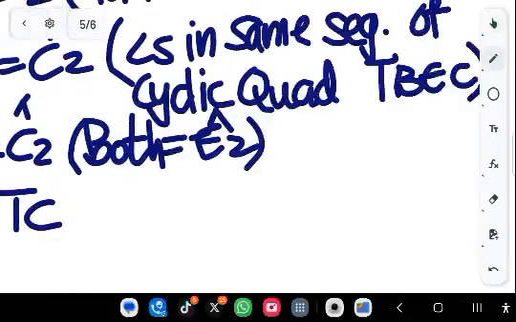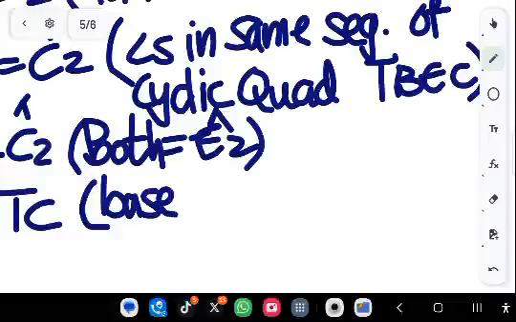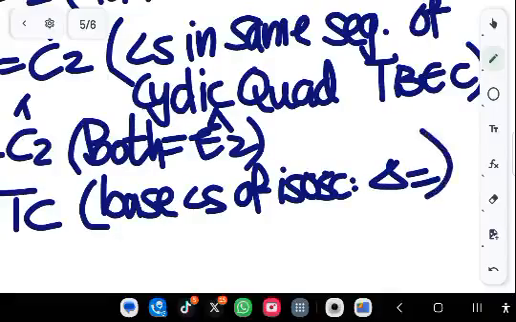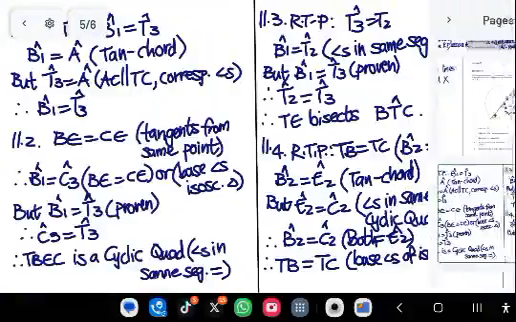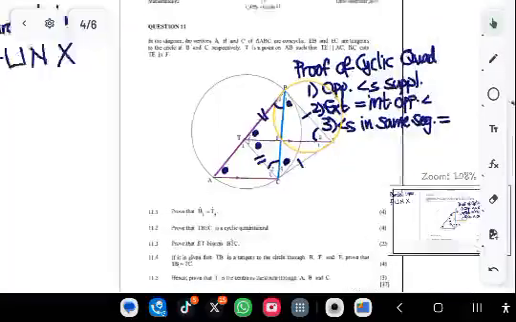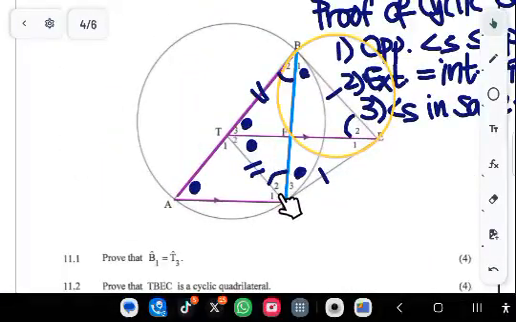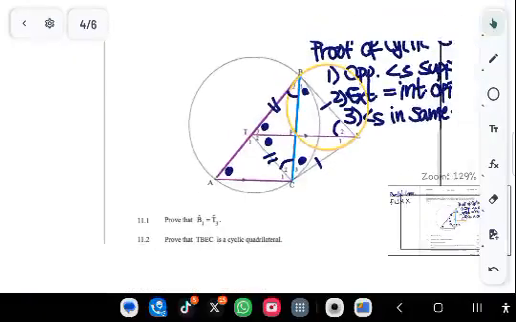The reason is base angles of an isosceles triangle are equal. So TB equals TC because angle C2 equals angle B2.